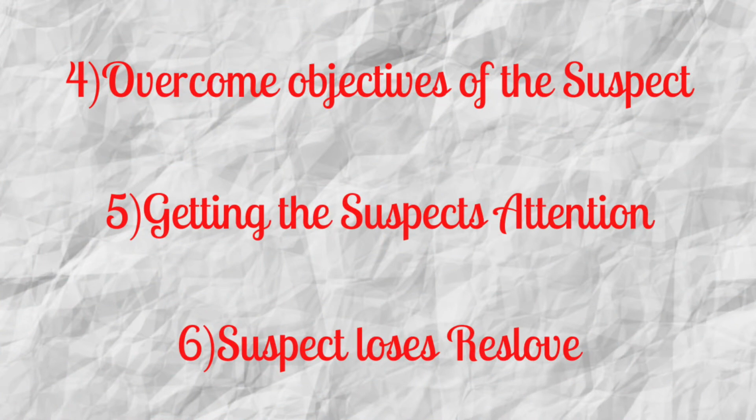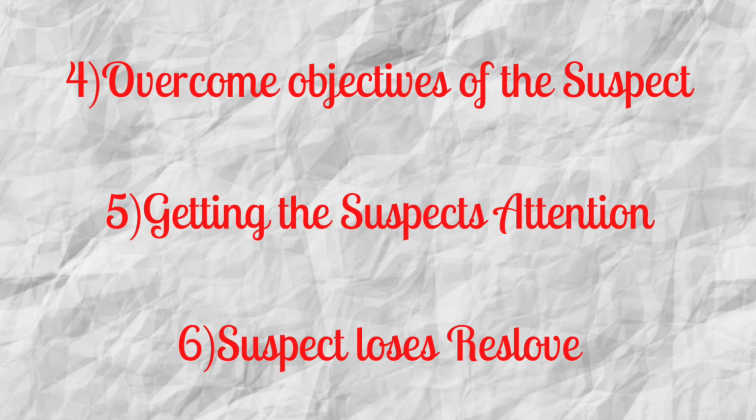Number 4, overcome objections of the suspect, including factual, moral, and emotional objections. This is the step when they turn your words around on you. Don't fall for it. You are 4 steps in. You should have an attorney at your side.